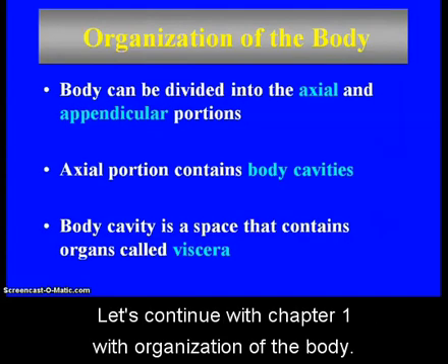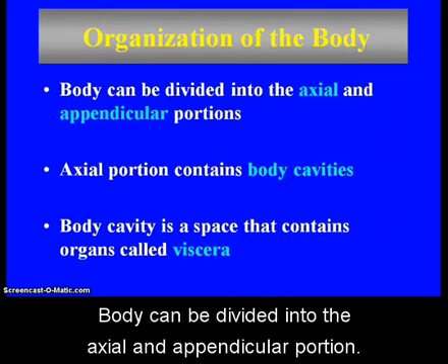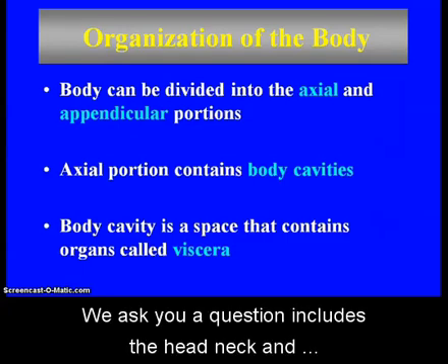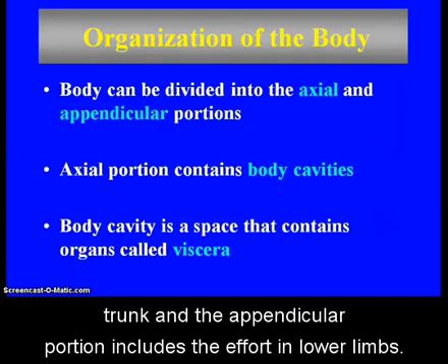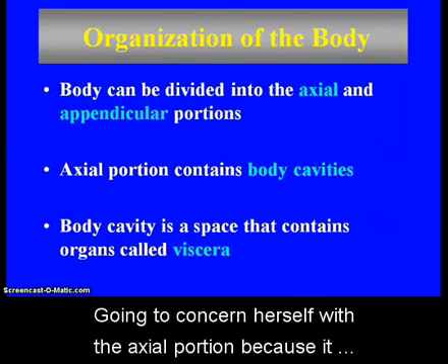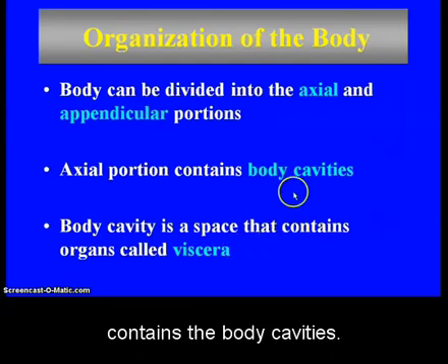Let's continue with Chapter 1 with organization of the body. The body can be divided into the axial and appendicular portion. The axial portion includes the head, neck, and trunk, and the appendicular portion includes the upper and lower limbs. We're going to concern ourselves with the axial portion because it contains the body cavities.